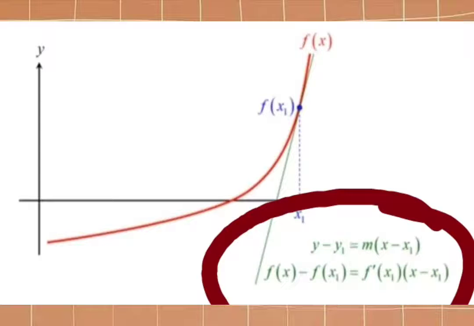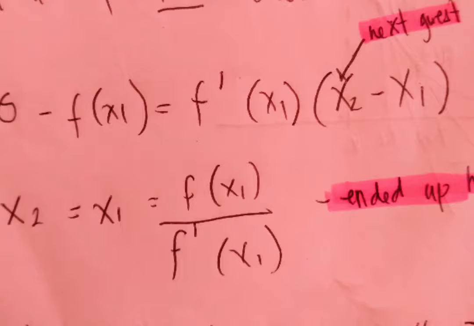So we have our equation for the line, and to find out where the line passes through 0, we set that value where y was, or f of x, to 0. So for x sub 2, this will be our next guess as to where the root will be. We will solve this equation for x sub 2 and we will end up here.